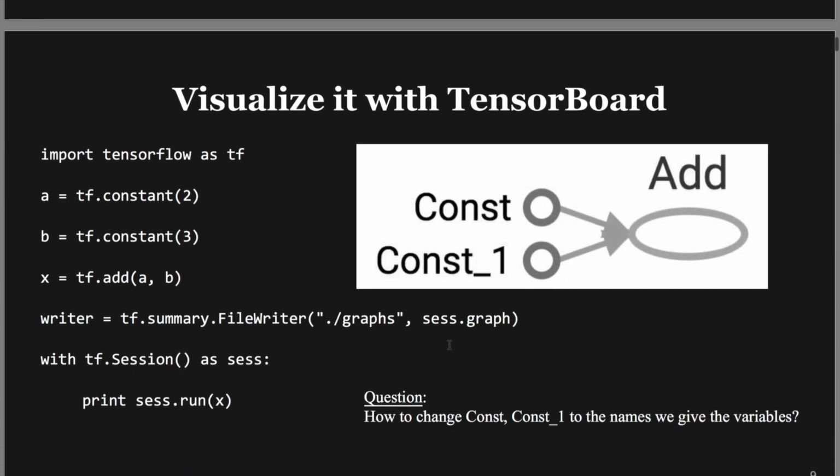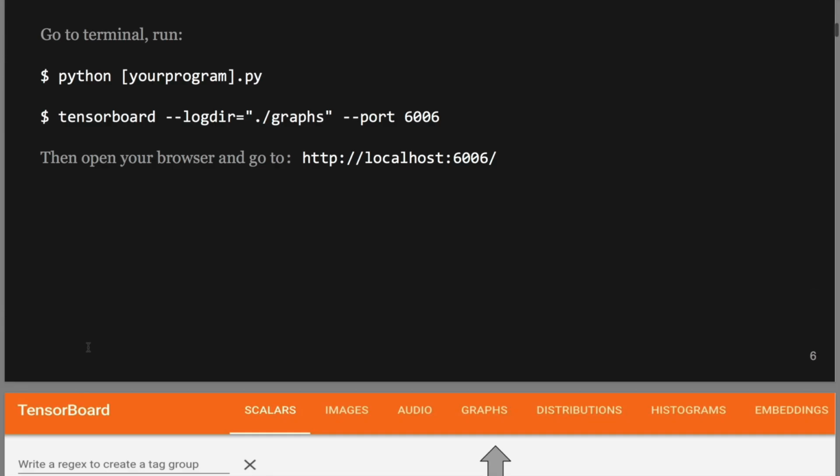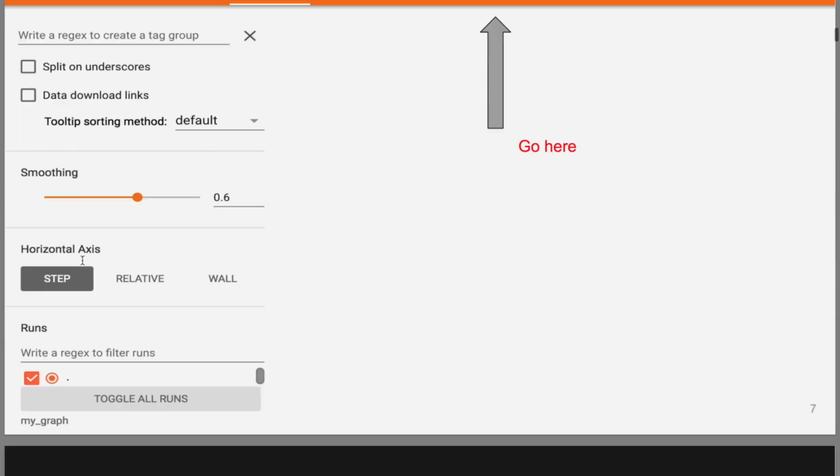So let's just assume that this writer is written in the context of the session, which is what we will be doing, and I think that's what was done earlier on. Yes, in the earlier slide, that's where it is. So we'll do that.